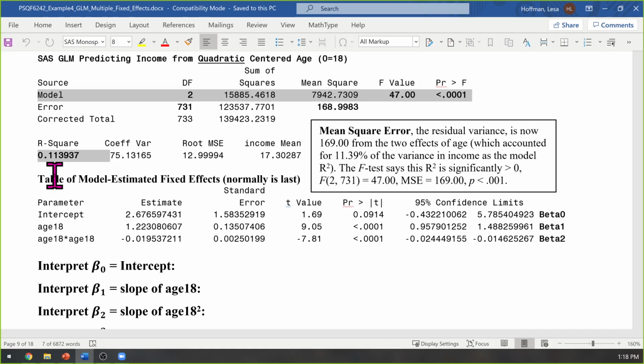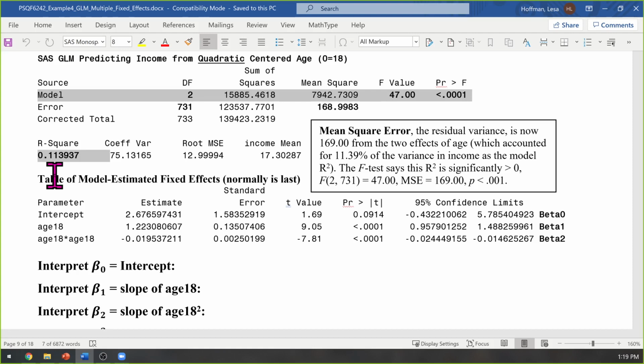So the question is, I had an R square of 4% from linear age by itself. My R square went up from 4% to 11% by adding quadratic age. Is there anything on my screen that would tell me whether that change in R square itself is significant? I'll give you the answer. Yes, there is.